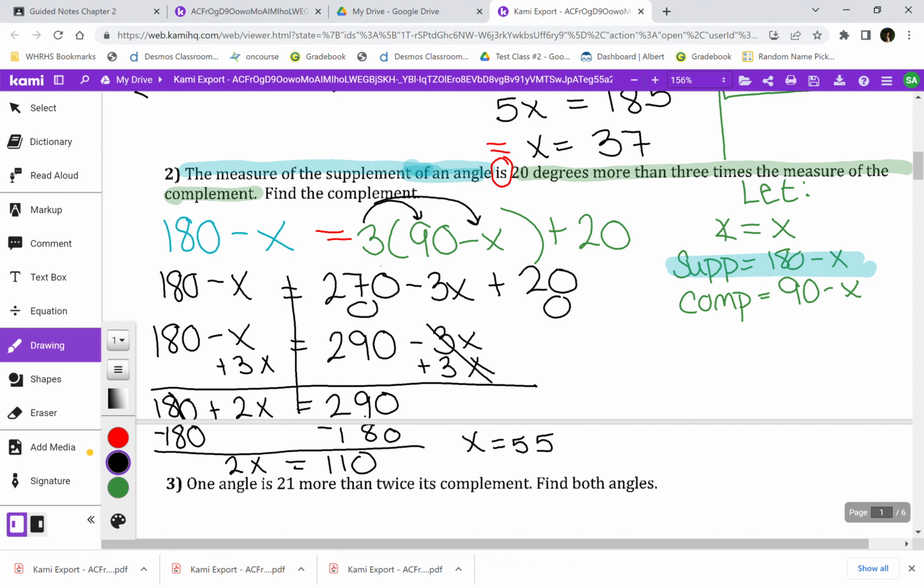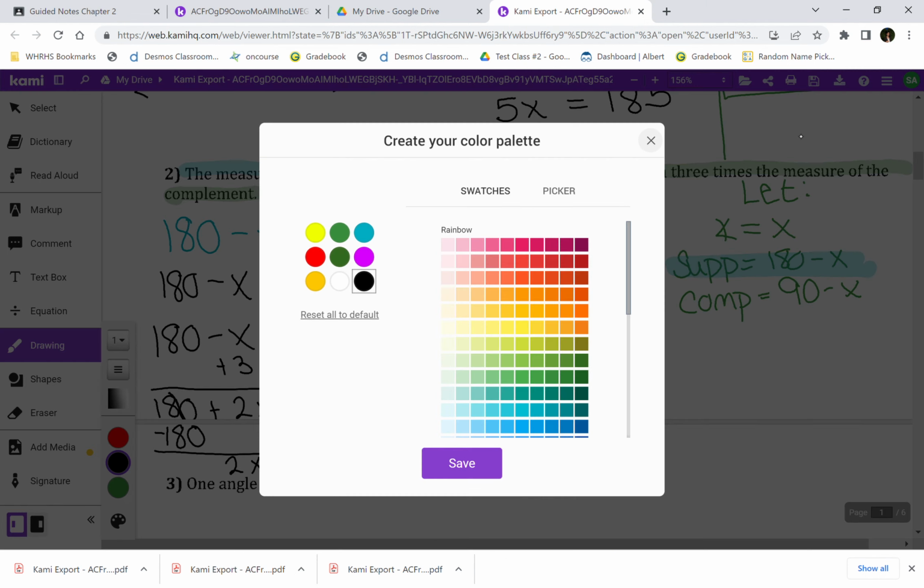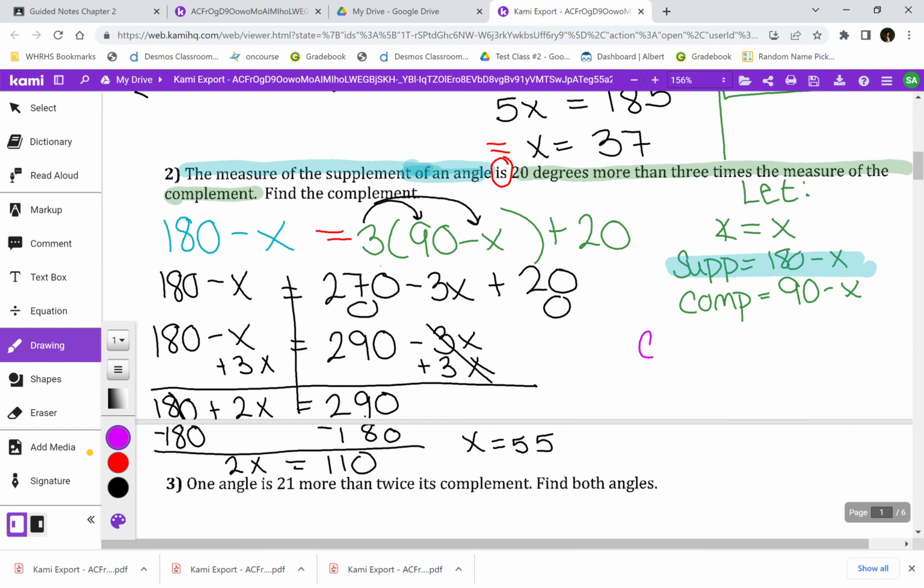Navia. That's exactly what you do. Excellent. So the complement will be 90 minus 55. So the complement is 35 degrees.